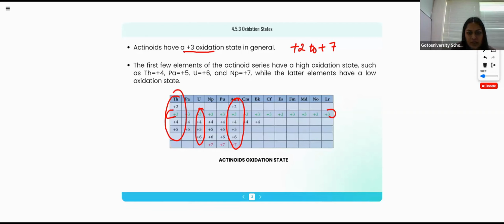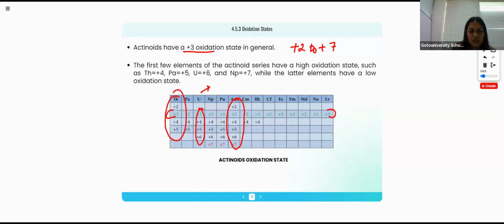Generally, a question is asked in exams about the oxidation states that vary in actinoids as well as lanthanoids.